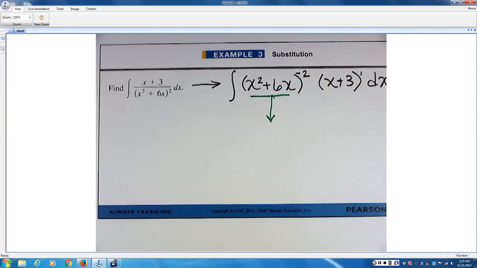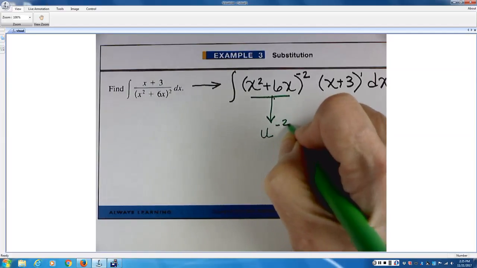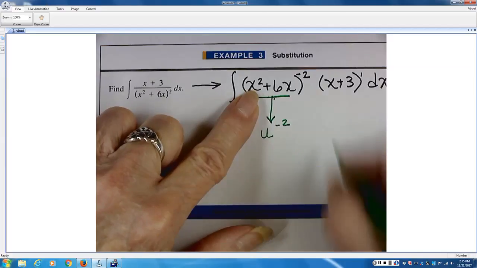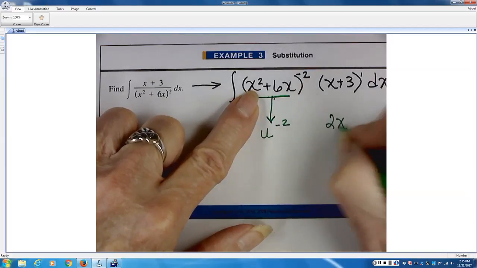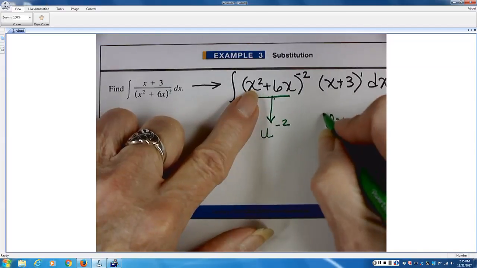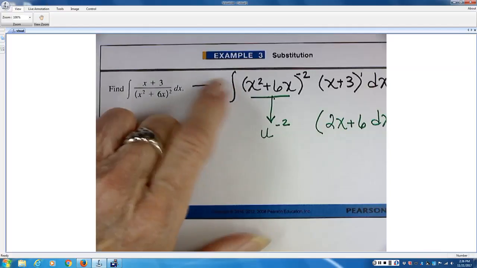So if that's u, and it's u to the negative 2 power, what's du? And then, of course, it has the dx at the end of it.